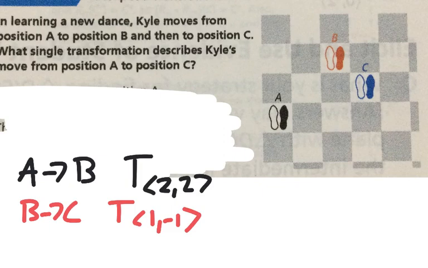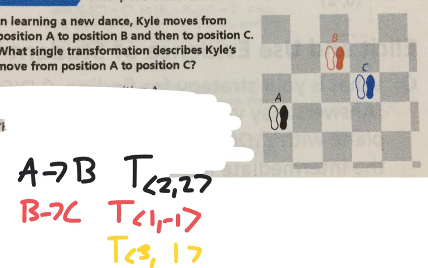Now, let's first look, what would I get if I combine these two translations? If I went right 2 and right 1, that means I went right 3. And if I went up 2, down 1, that means I went up 1.